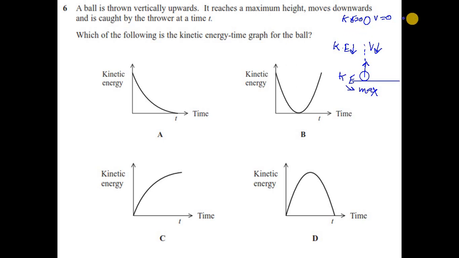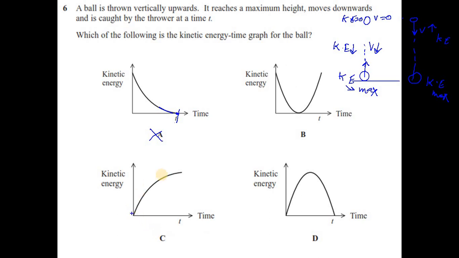And when the ball starts coming down, velocity starts increasing, so the kinetic energy increases, and when it reaches the ground, it again has maximum kinetic energy. So in the first graph, option A, they are showing that as time is passing, kinetic energy is decreasing, but it is not showing the increasing part. So you cannot have option A.